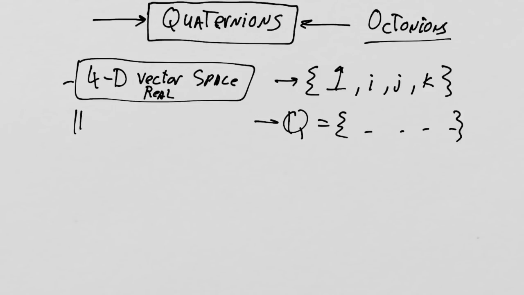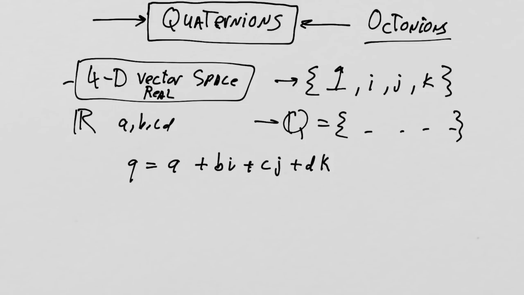We also have the real numbers floating around out there as the bin of scalars. Any quaternion can be expressed, therefore, if I take the numbers A, B, C, and D out of the reals, as: real number A, plus B times the I basis vector, C times the J basis vector, and D times the K basis vector.